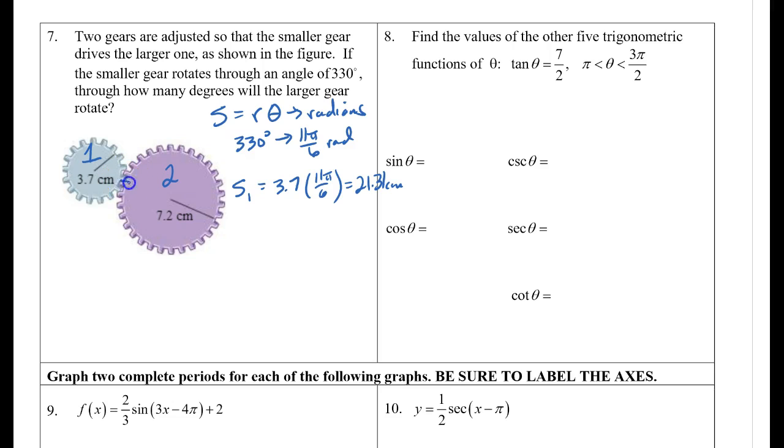So that means that the big gear also rotated that same amount. Because if we started here and the little gear rotates around 330 degrees, which was to be about right there, the big gear has to rotate the exact same distance. Whatever this distance here is, the big one has to rotate the same distance. And all we need to do is figure out what is the angle in radians or in degrees that makes that.